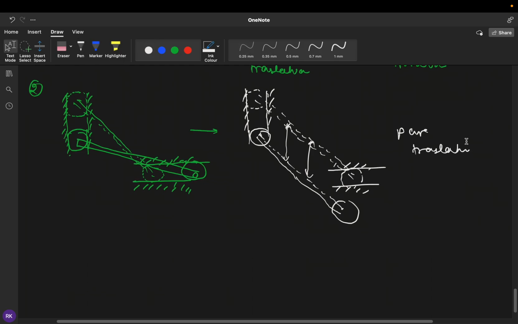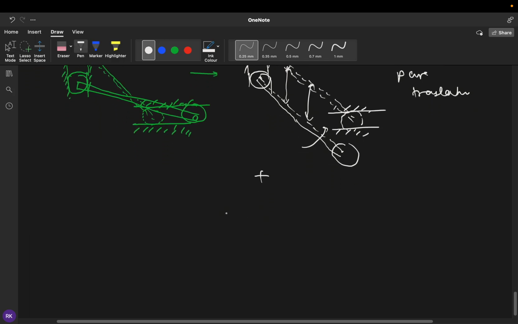Now rotate this link by some angle. Then what you will get? You will get the same as the final position.